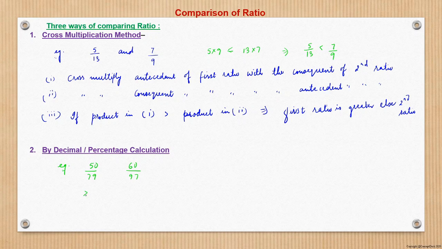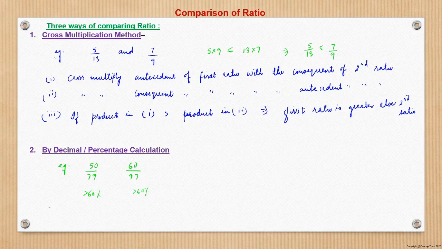So certainly this is greater than 60%. This we can say. And here also this is greater than 60%. So from here we cannot say. Now we have to go to the next level.